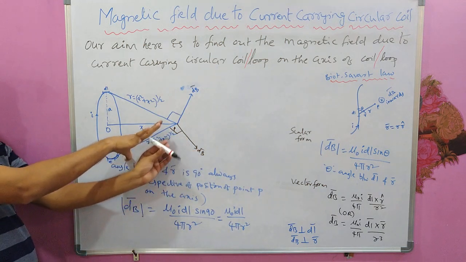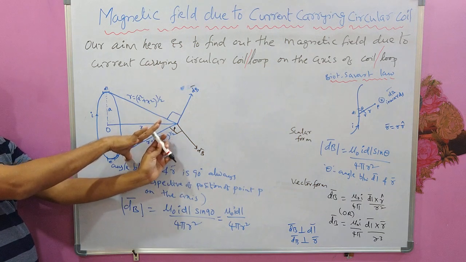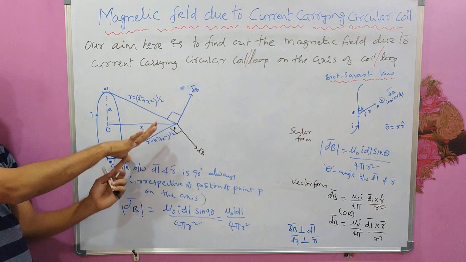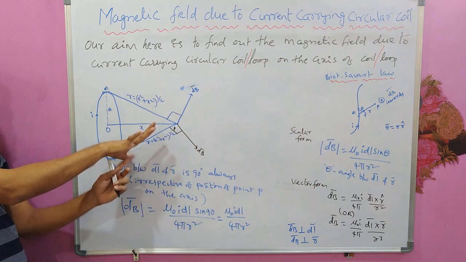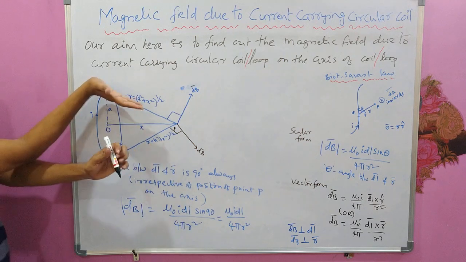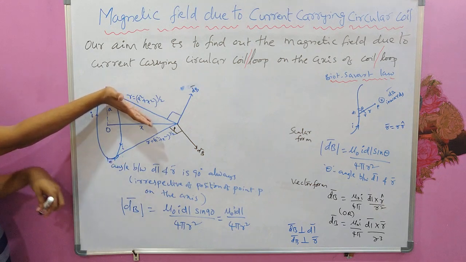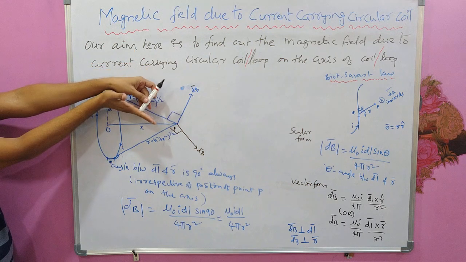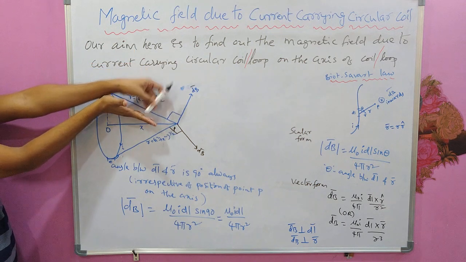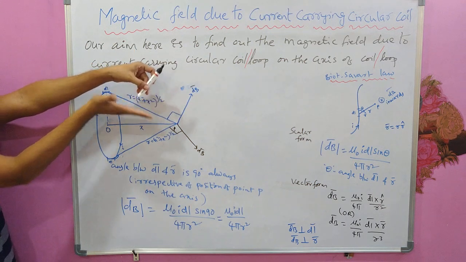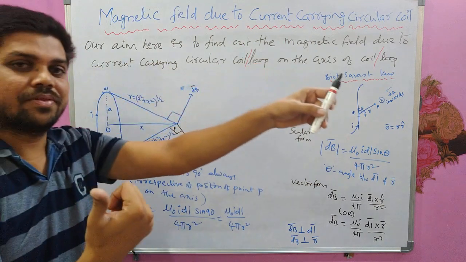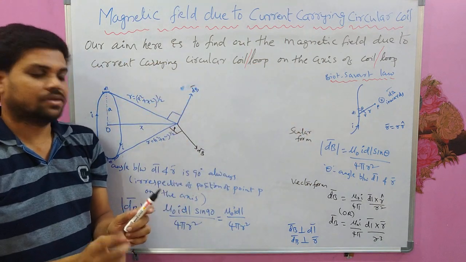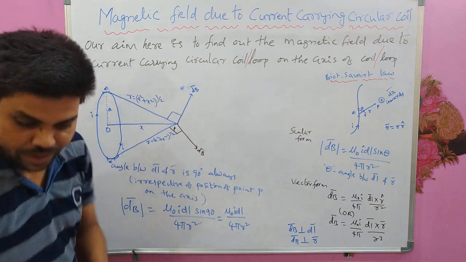Current is inside, the magnetic field is this. Perpendicular to r and dl. Here, in this way. The current is outwards, the magnetic field is this way. So depending on current direction, the field direction is changing. Okay, so this is 90.